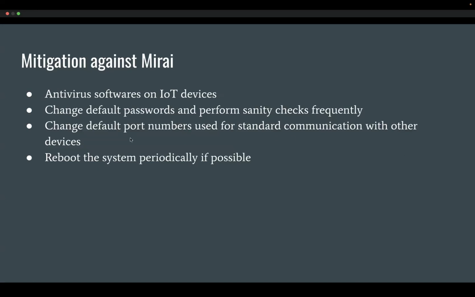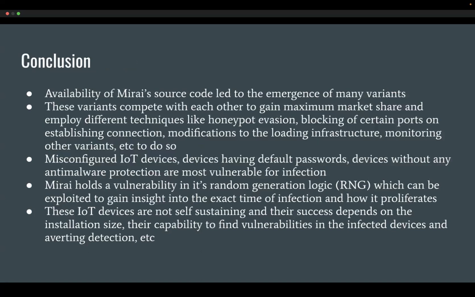Changing default ports: we know that it uses telnet, so we can work on changing those default port numbers and standard communication with other devices. We could use other mechanisms and not use telnet at all. Another thing is to reboot the system periodically, because we know that all these malware strains are not self-sustaining.